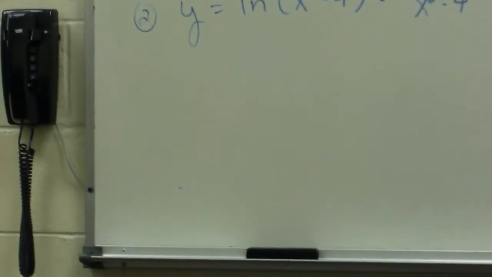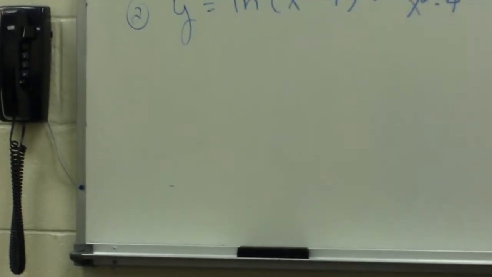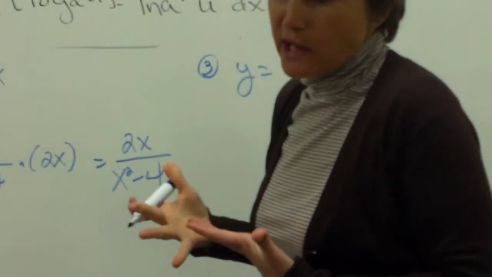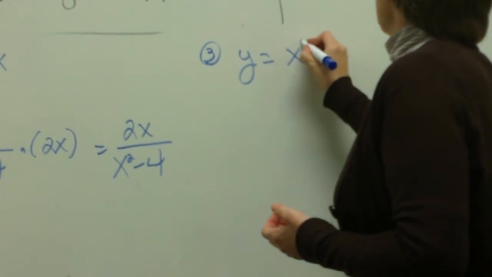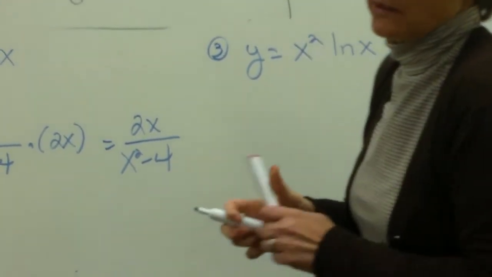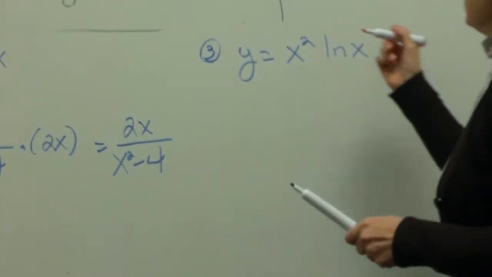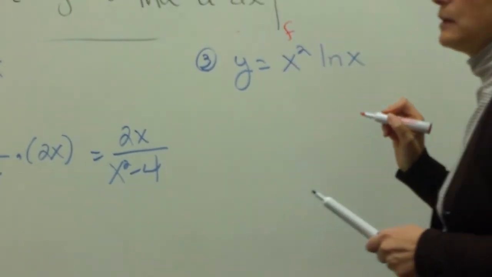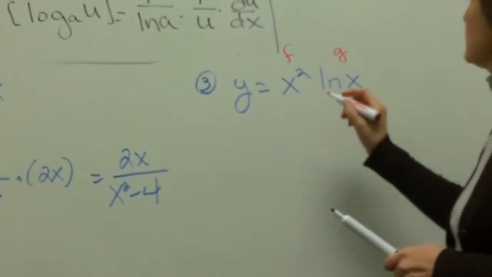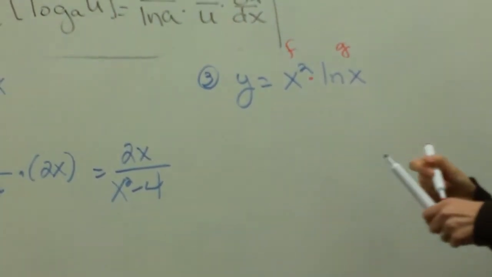Number 3 has the added complexity of a product, because you've got x squared, which is one function, we could call it f, and ln of x, which is another function, we call it g, and they're being multiplied together.